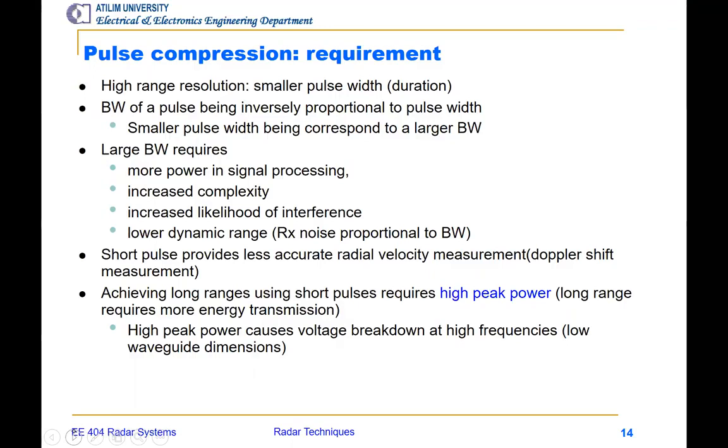And since the sub-pulses will provide a higher accuracy in range, so higher resolution in range, and the long pulse will increase the resolution in speed, we achieve better accuracy in both speed and range domain.